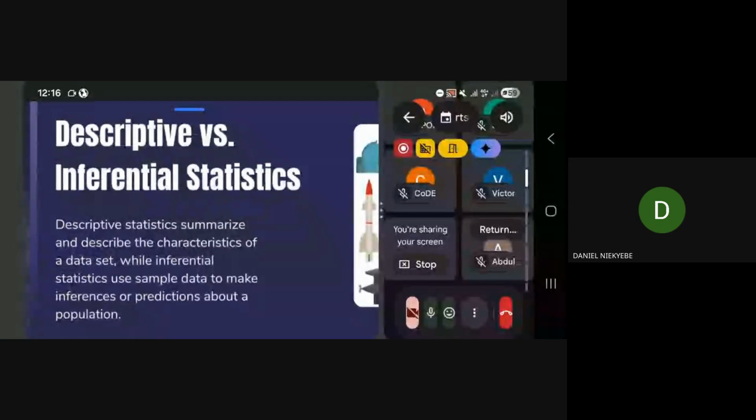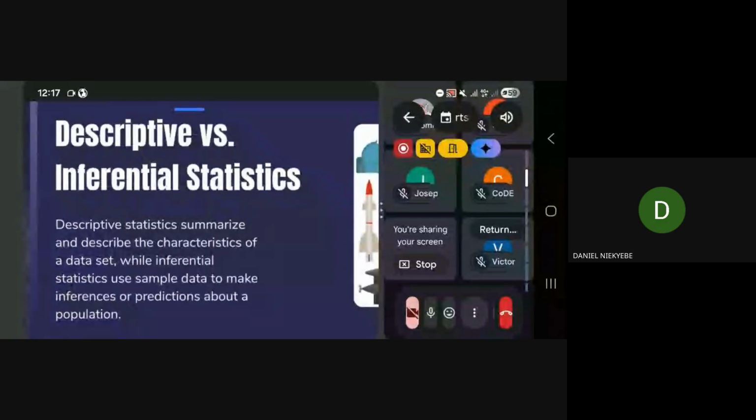But when we talk of inferential statistics, it talks about a sample of a larger group, but the descriptive will use the whole group. The descriptive will use the whole group to find or describe it, like the mean age, but the inferential uses a sample of the group to make predictions of the whole group.